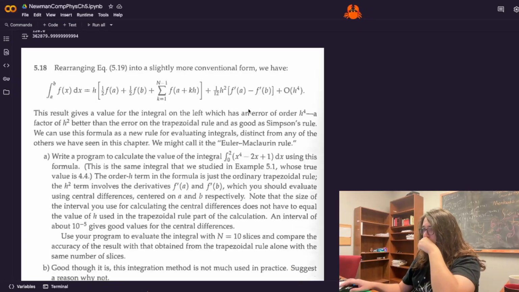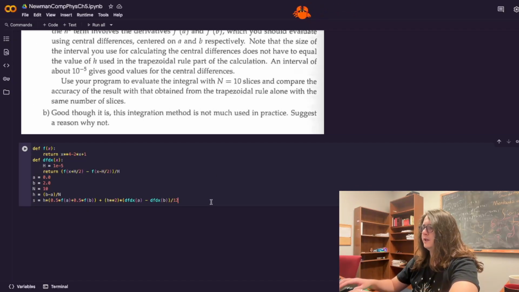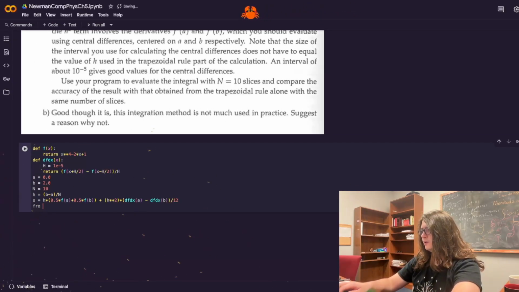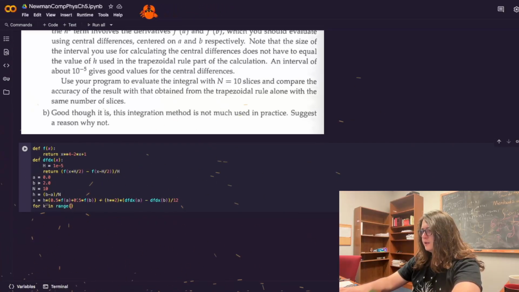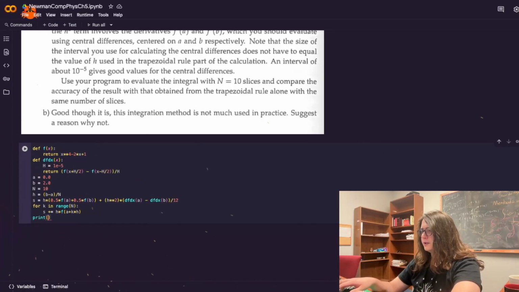Yeah? Okay. And then we can just do a for loop k in range n and just add on to the integral h times f of a plus k times h pretty simply. And then after that we can print out the result of the integral like that.